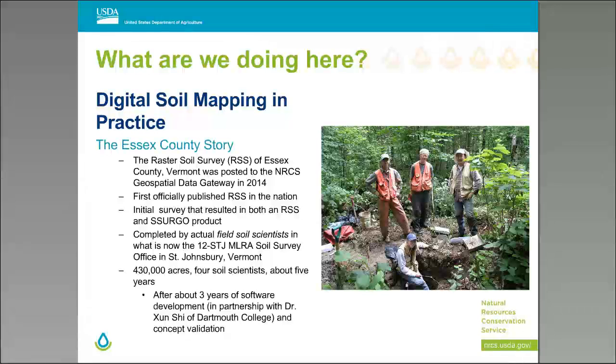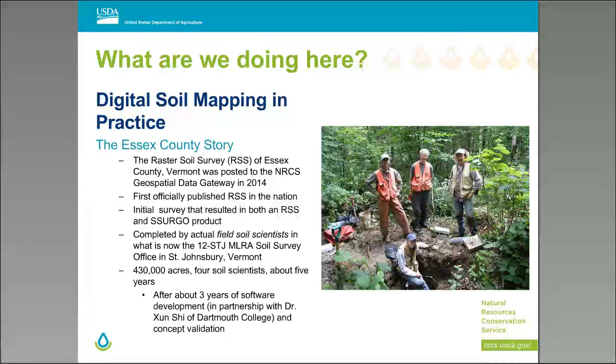So just a little rundown of what we were working with. It was started in about 2004, and the raster soil survey portion of this ended up being published on the Geospatial Data Gateway in 2014, which is actually, I think, 3 full years after it was finished.